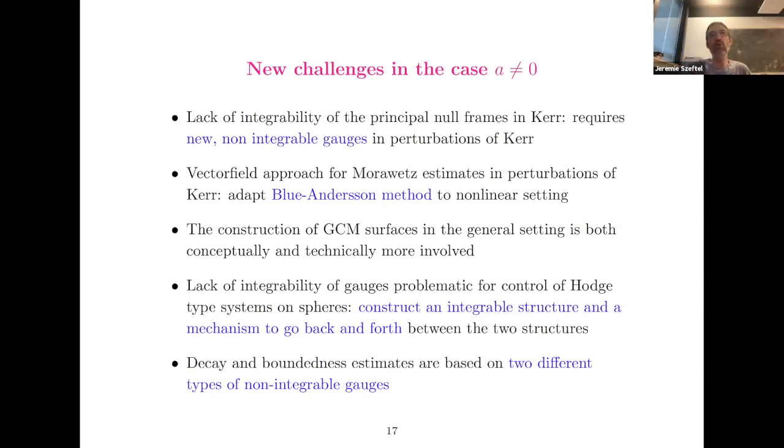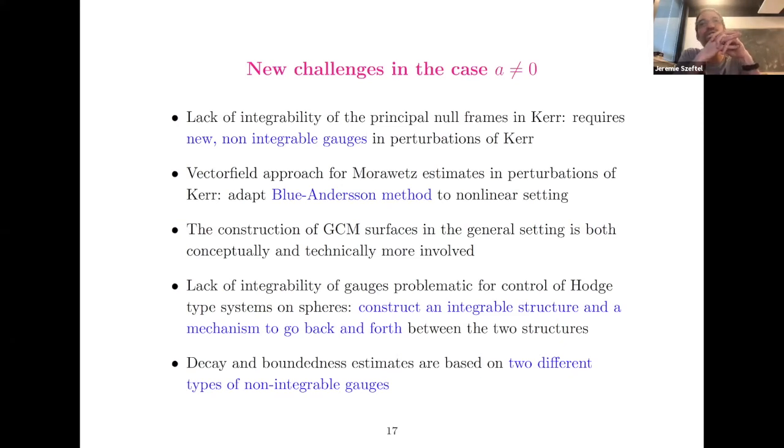So let me talk about the last 2 points, which are in some sense all connected with my first point. So why is the lack of integrability problematic? Well, the first problem is that the construction is harder. Constructing a geometric frame is more natural, if you want. But besides the construction, what is harder is the type of estimates you want to get.